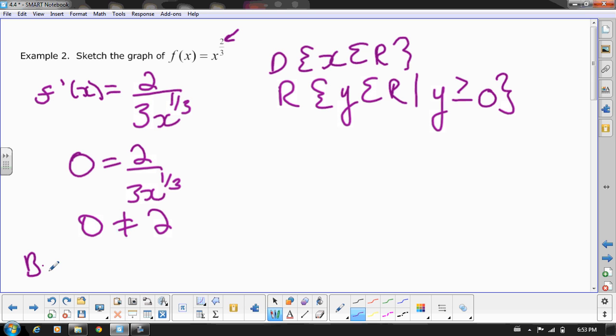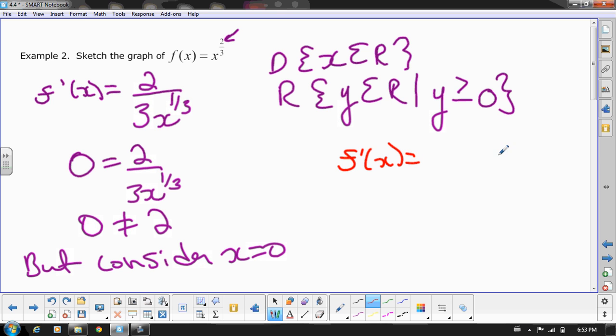However, we need to remember x equals 0. Okay, so now I'm going to rewrite my first derivative. So f prime of x is equal to 2 over 3, I'm going to write it like this as x to the negative 1 over 3 like that.